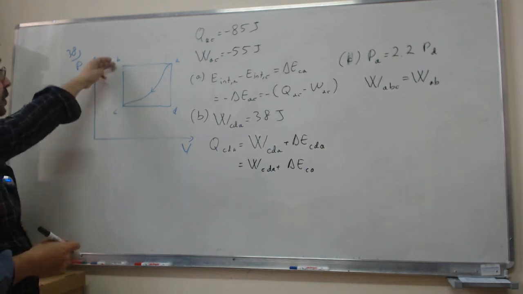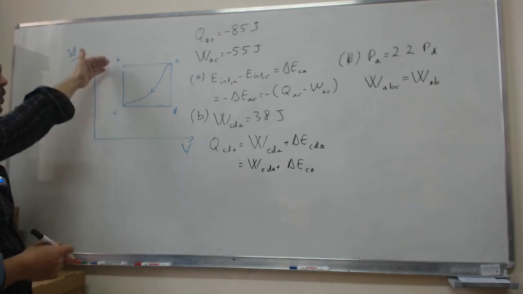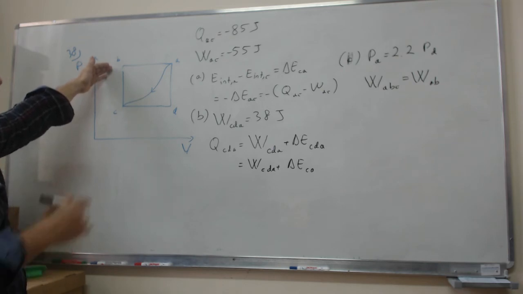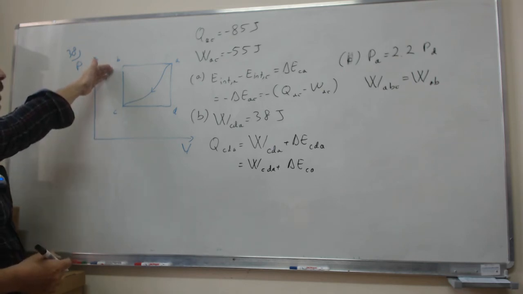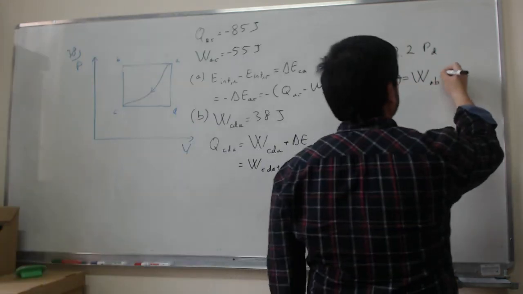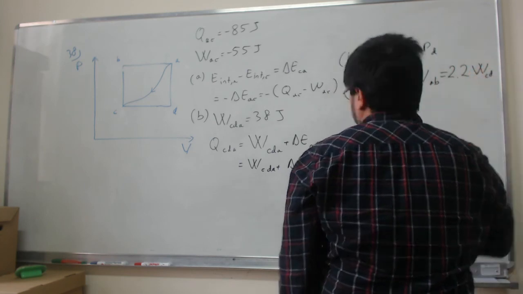Because this curve is just 2.2 times higher than this one. The area under it is just going to be larger by a factor of 2.2 as well. So work A to B is 2.2 times work C to D. It's 2.2 work C to D.